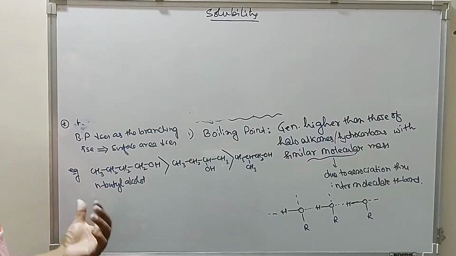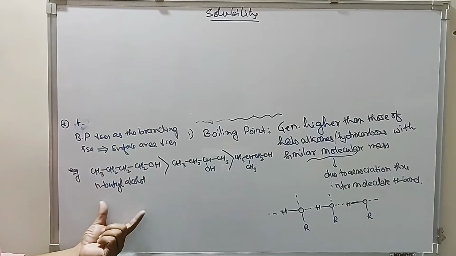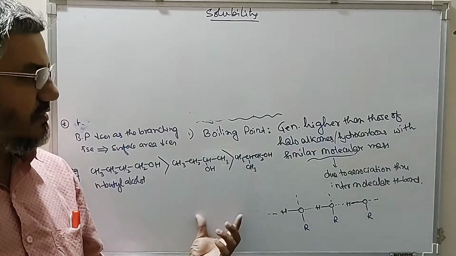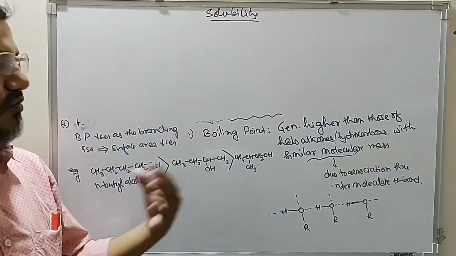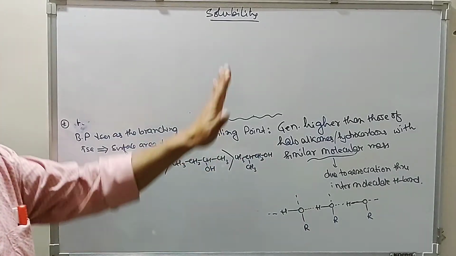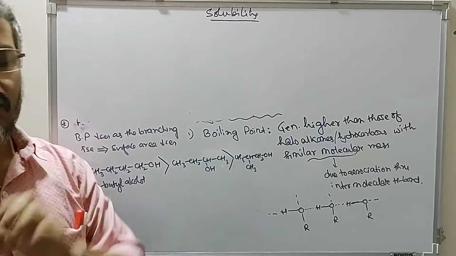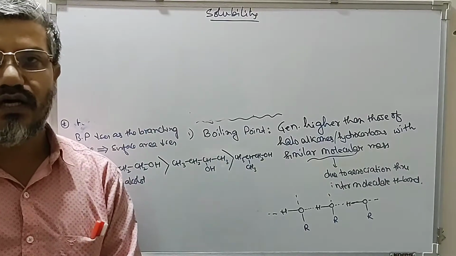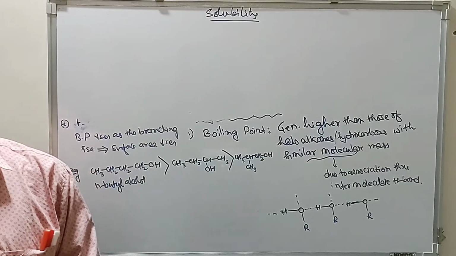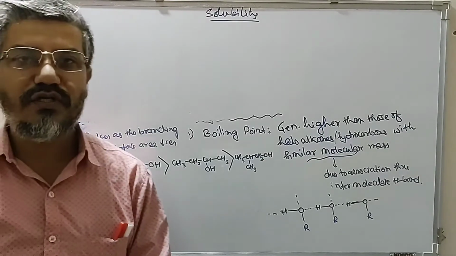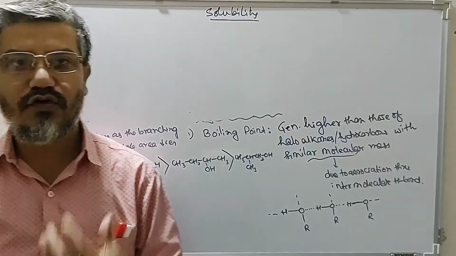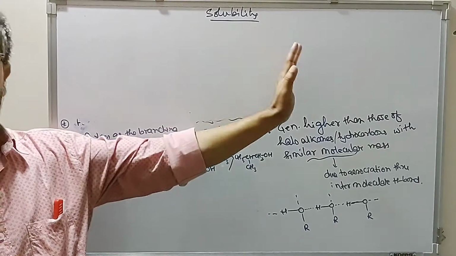One more point here: if the number of OH groups increases, then the association through hydrogen bond also increases, and the boiling point also increases. So solubility: the lower members of this class of compounds are very much soluble in water. This solubility is due to the intermolecular hydrogen bond formed between alcohol and water.